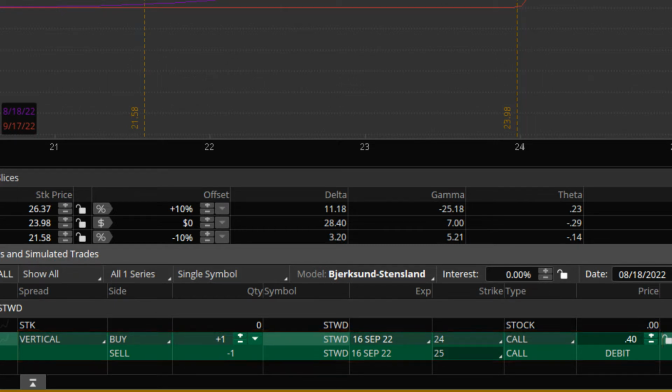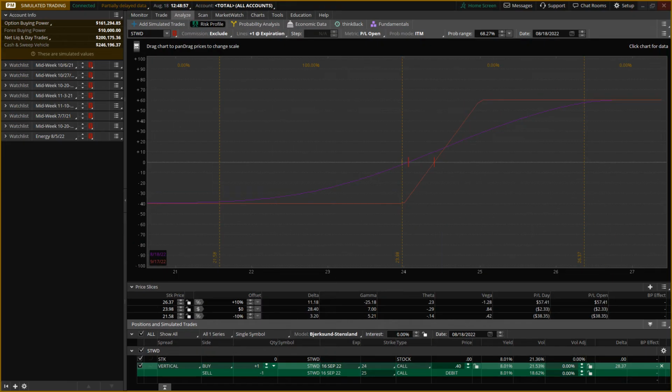Now, as you're looking at these, prices can change. So you might see that debit increase or decrease because this is a live market. And what's cool about this is this will update real time. What I want to first start with is the risk graph itself. So we have that nice red line that's got a flat edge, and then it's got a 45-degree angle and another flat edge.